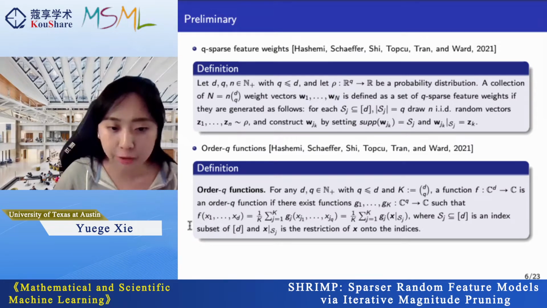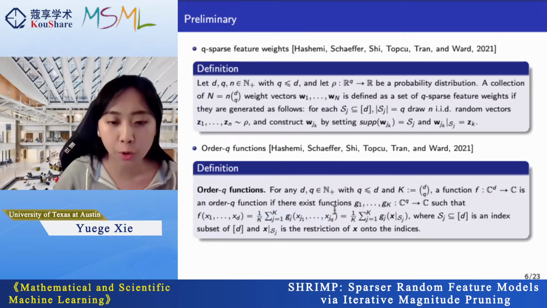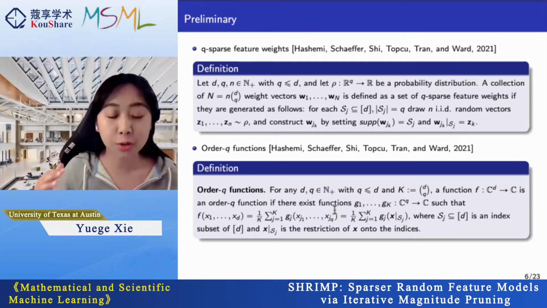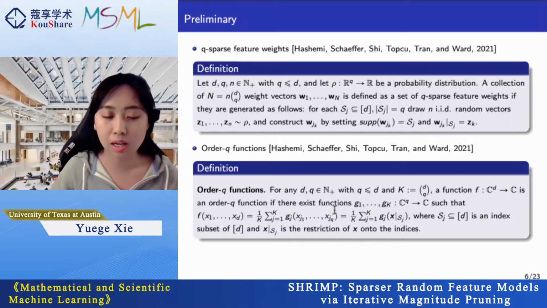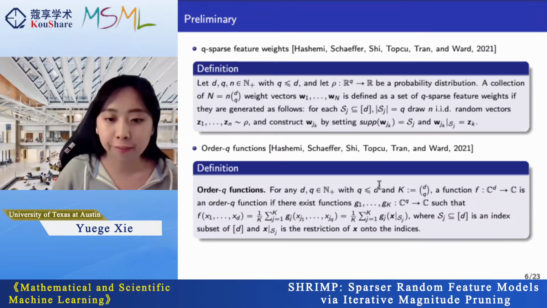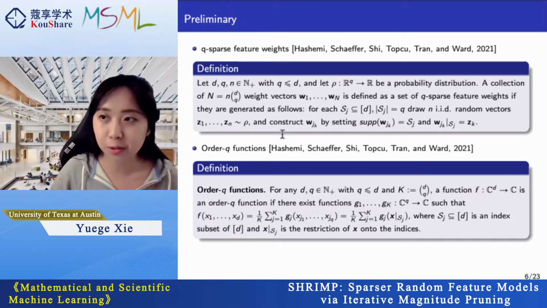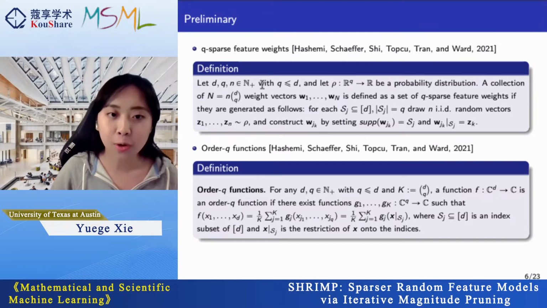Our order-Q function is just a sum of functions which only have Q coordinates interacting with each other for the data. So those are the preliminary definitions we need to know before we construct our algorithm.